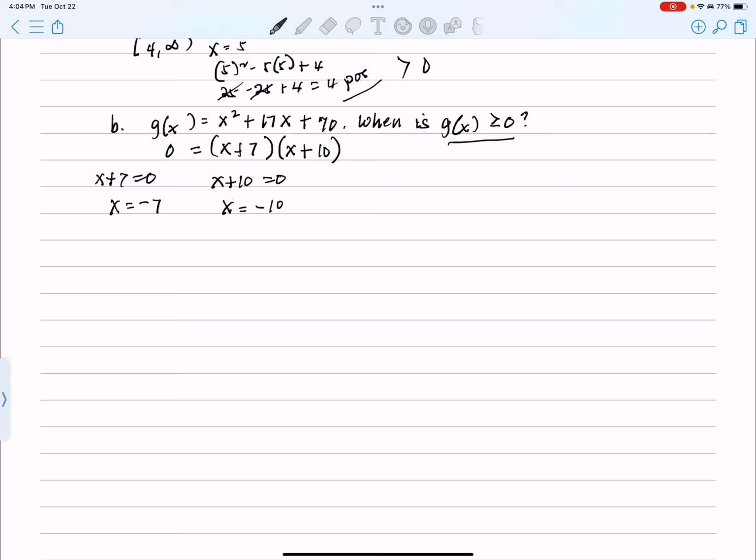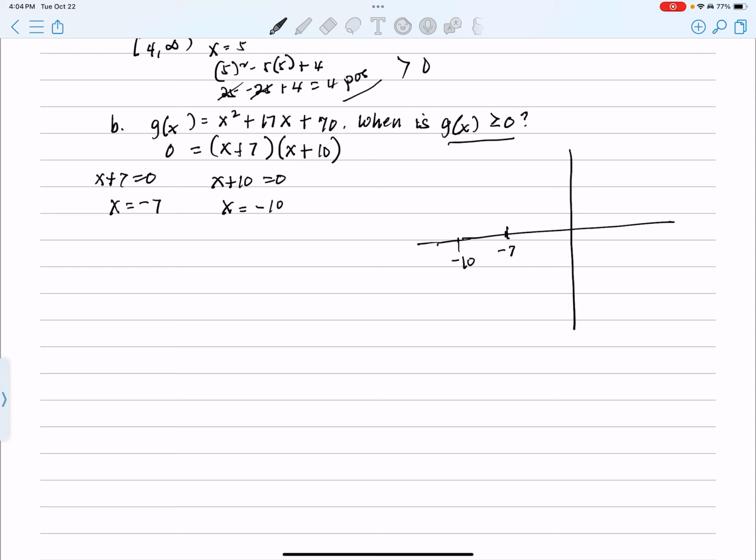Okay, this is what I usually do when I'm asked something like this. I would like to visualize it. Let's say negative 7 is here, and negative 10 is here.